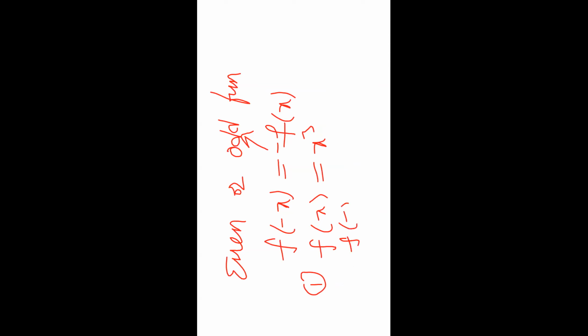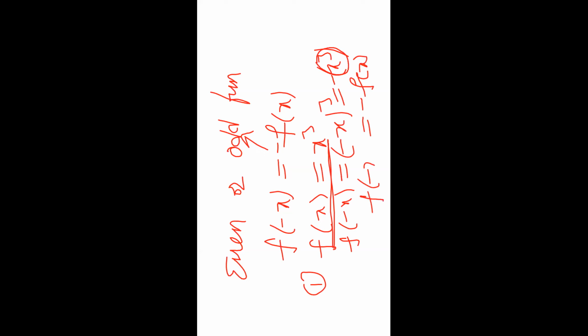Replace x by minus x, that equals minus x whole cube, which equals minus x cube. The bracket value is f of x. So we replace x by minus x and get minus f of x. So f of minus x equals minus f of x. It is an odd function.